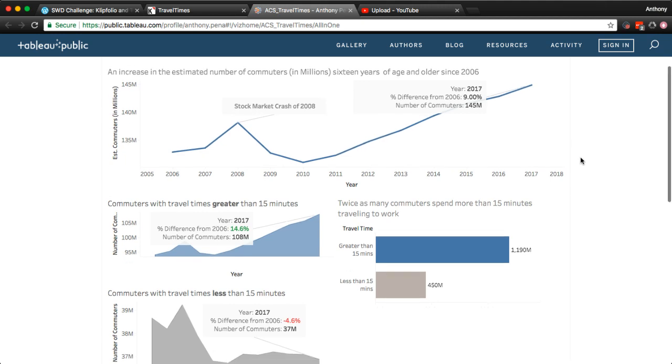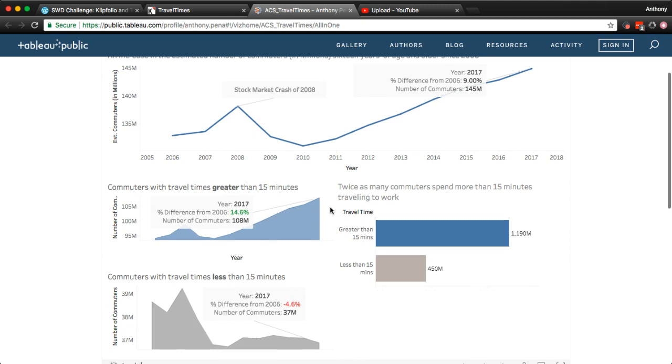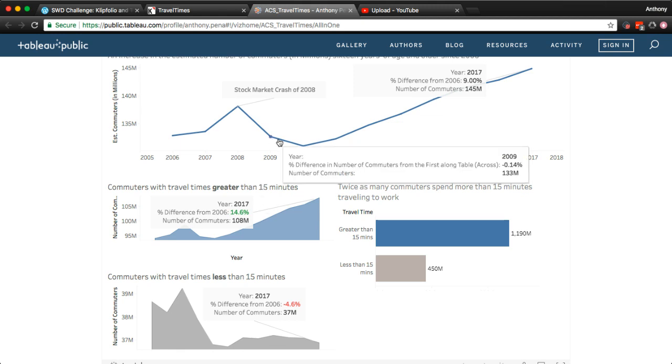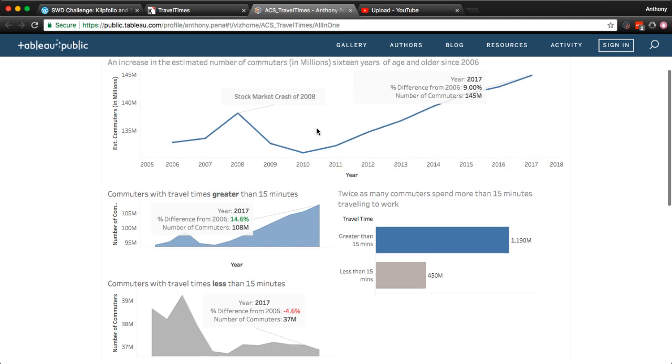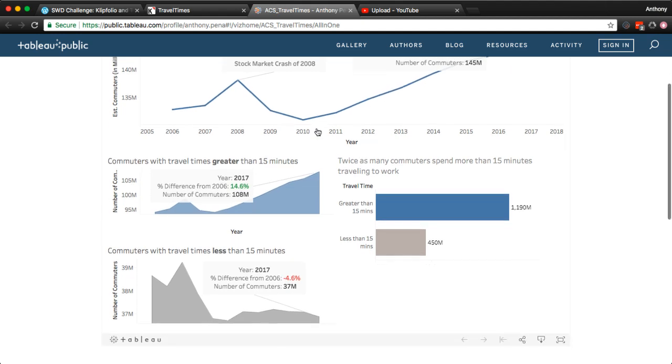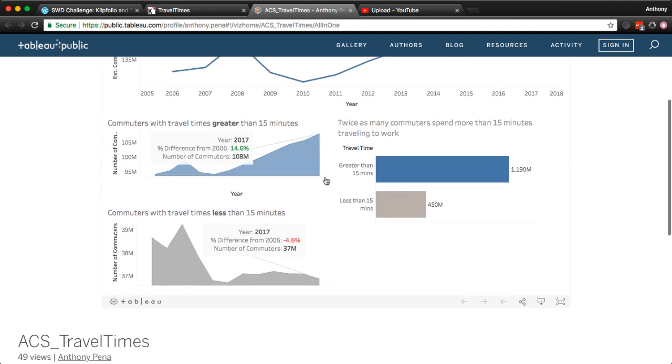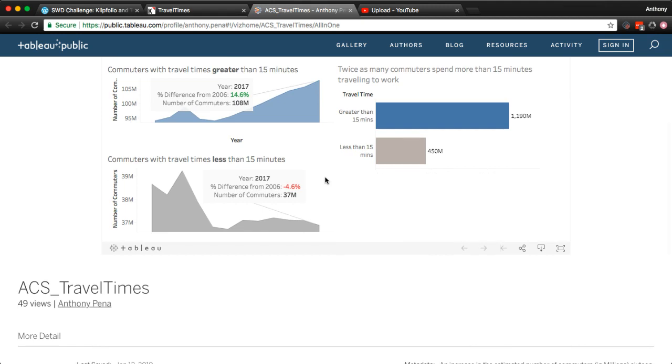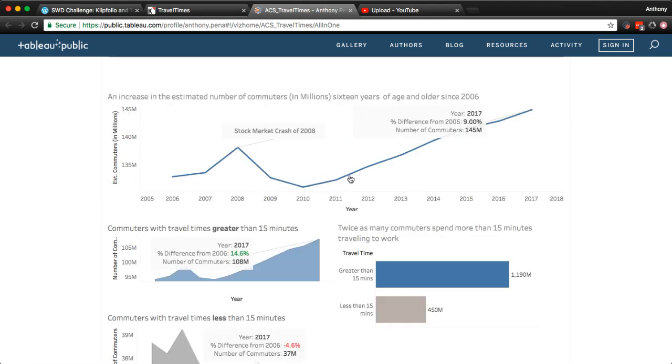But just wanted to mention that this is just a dashboard, which was a more or less replica of the last dashboard I showed you in Klipfolio. But there's also a lot more to the product than just this one dashboard.